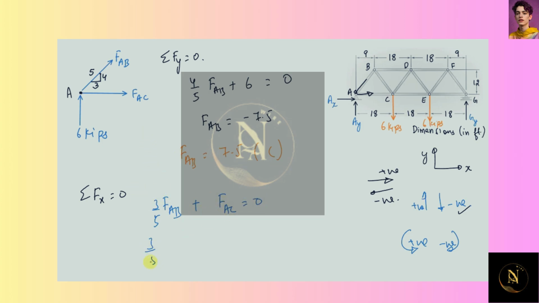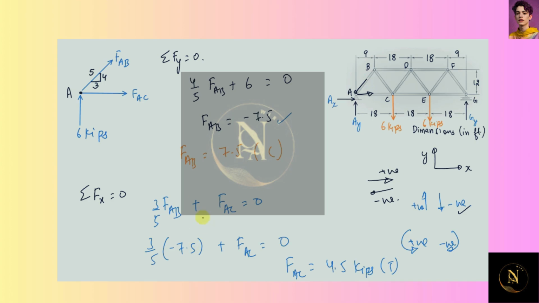So 3 by 5 FAB we have calculated as 7.5, so minus 7.5 plus FAC would be equal to 0. So from here FAC comes out to be 4.5 kips, and since the value comes out to be positive, the member would be in tension and our assumed direction is correct.